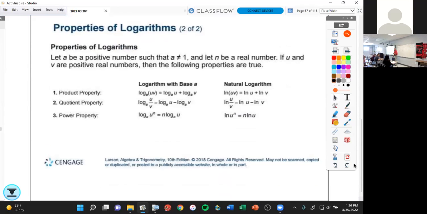When dividing, the log of a quotient is equal to the difference of the logs. Notice whatever's on the top is a positive log. Whatever's on the bottom is a negative log. I'm about to show a more complex example of that in just a minute. And the last one says, if I'm taking the log of something that's raised to a power, you can take that power and pull it to the front.